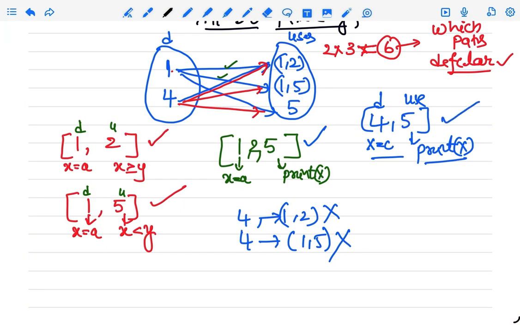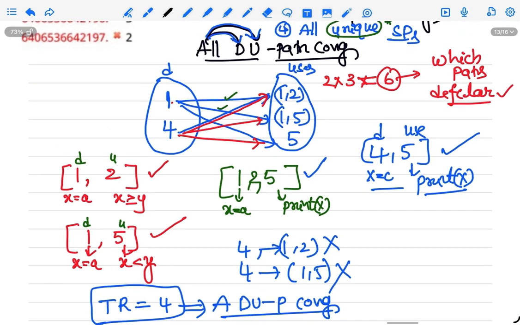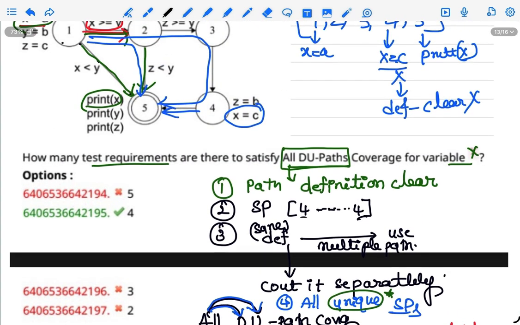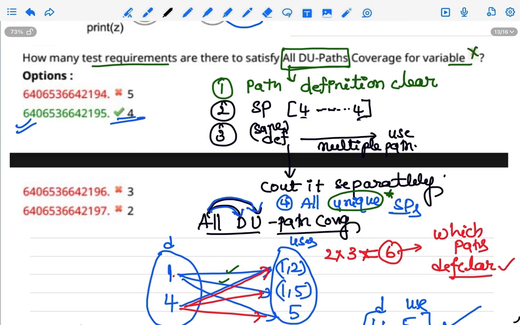This path is valid. So the test requirements are 4. For all DU paths coverage, the answer is 4. Condition is very important.